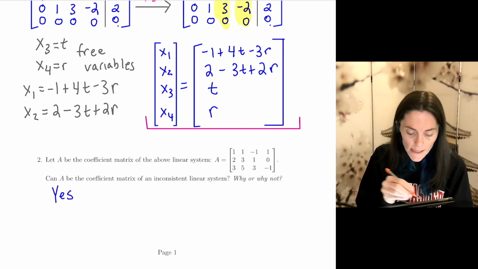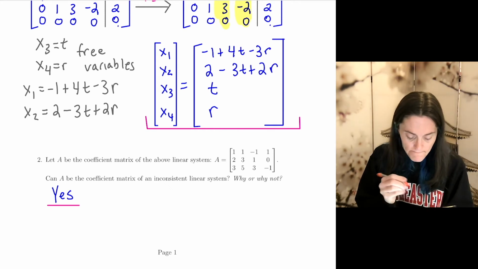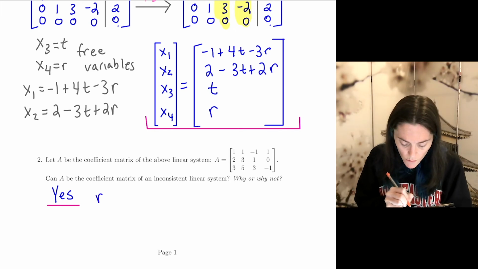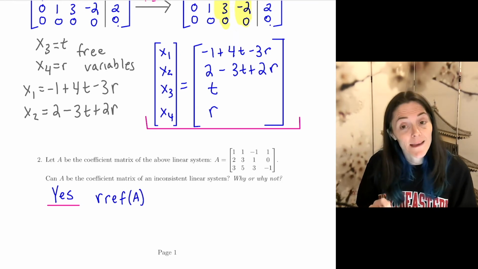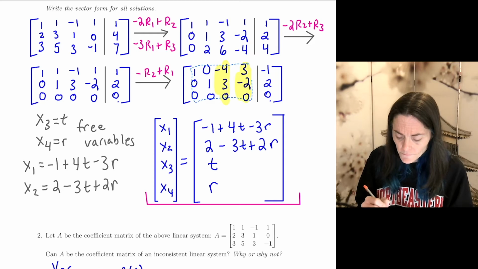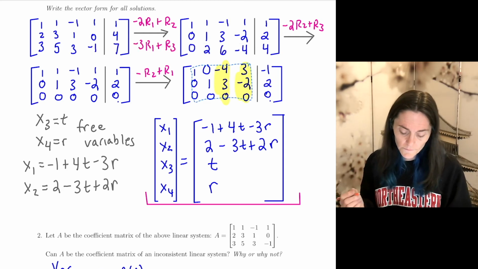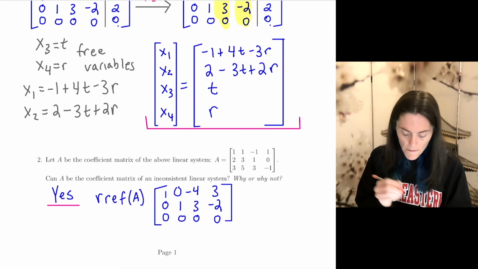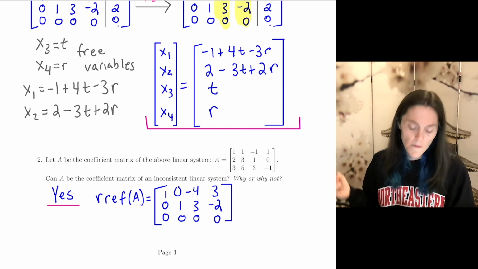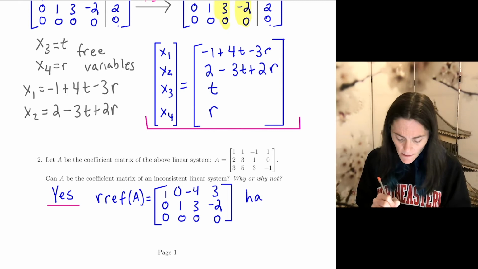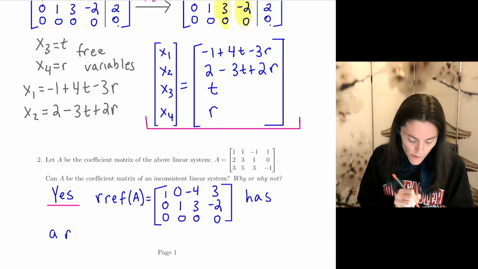So the answer is yes. And in fact, we've done all the work. So note that the reduced row echelon form of A, well, I can scroll up. The reduced row echelon form of A is here. But more importantly, for this question, this has a row of all zeros.